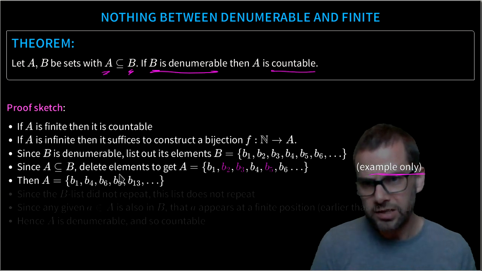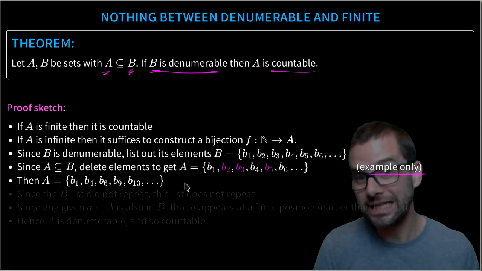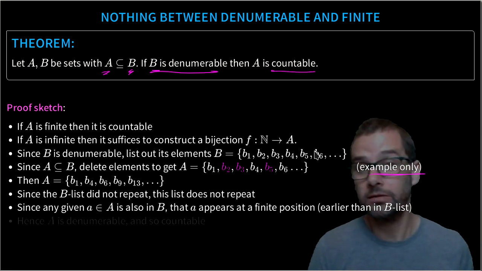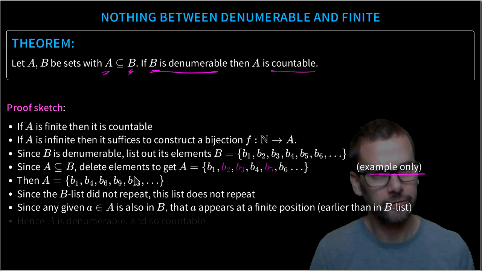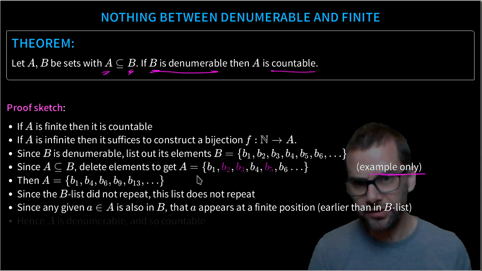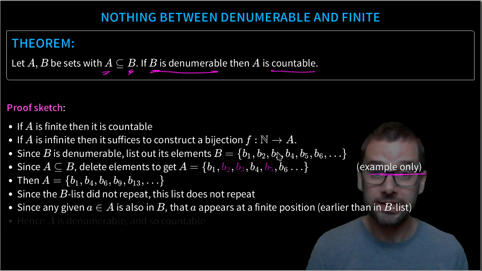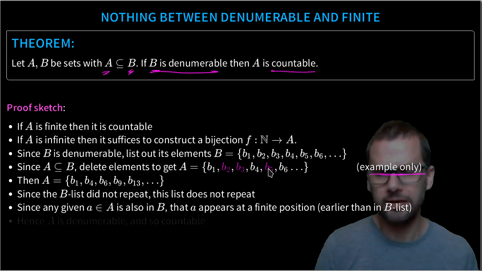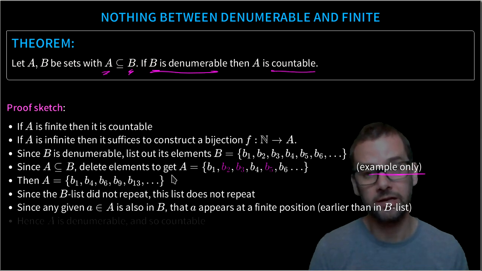But notice, this new list, because I didn't add anything to it and just deleted things, doesn't repeat itself, since the original list didn't. Further, given that A is a subset of B, any given element of A appeared at some finite position in the original list B, and so when I delete things, it's still going to appear at some finite position in the list for A, probably just a bit earlier.